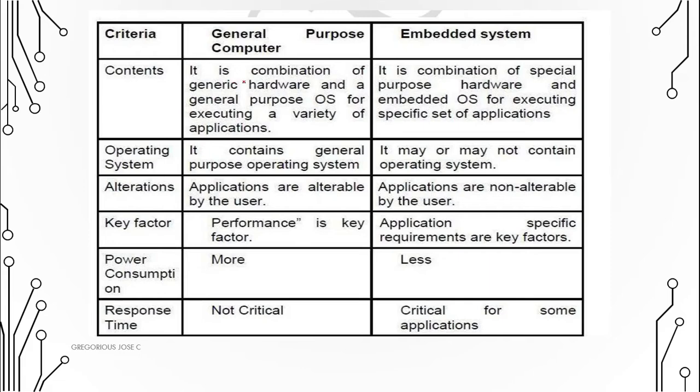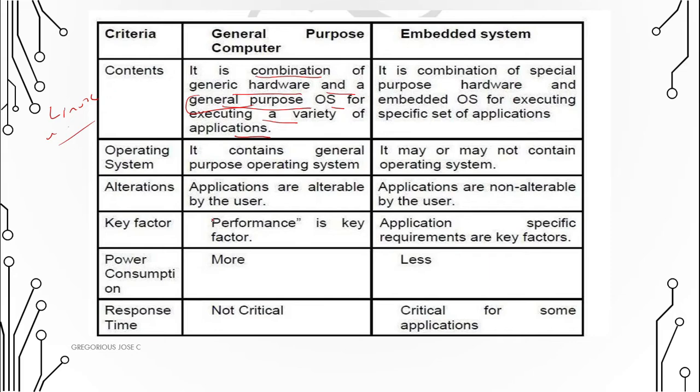First one: a general purpose computer is a combination of generic hardware and a general purpose operating system for executing a variety of applications. So a general purpose computer is also a combination of hardware and consists of a general purpose operating system. So what is meant by general purpose operating system? That is the operating system that we commonly use in our computers, such as Linux based operating systems, Windows XP, Windows 10. Such operating systems are specifically built to perform many tasks.